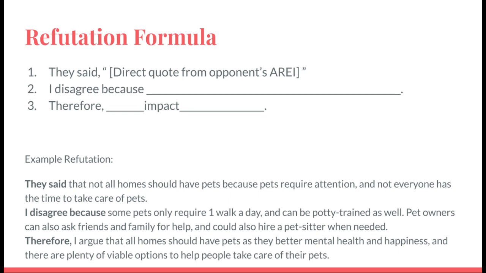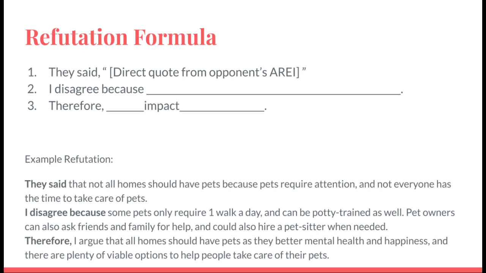"I disagree because," and then you explain why you disagree. You explain your refutation. "Therefore" could be like, this is not true, or therefore their argument is invalid, therefore their argument does not make sense, therefore their argument has unreliable evidence. It's all these reasons, and it's the impact of it.